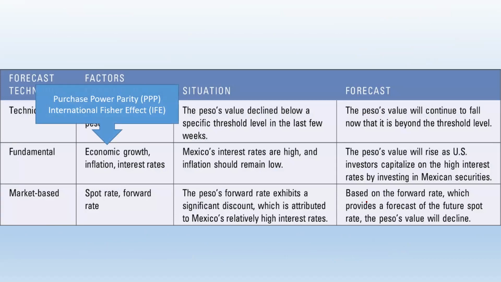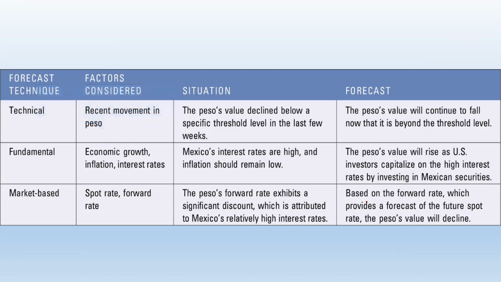Basically, we can apply purchasing power parity or the international Fisher effect. We explore the underlying relation between economic variables and future movements, and then we can do the prediction. For the market-based one, usually we use the spot rate or forward rate as a forecasting value. For the forward rate, we can apply interest rate parity theory.